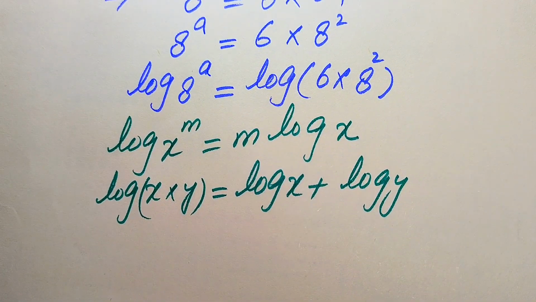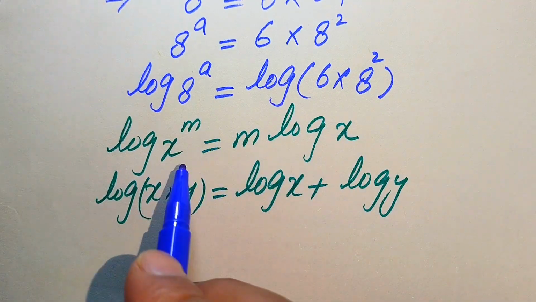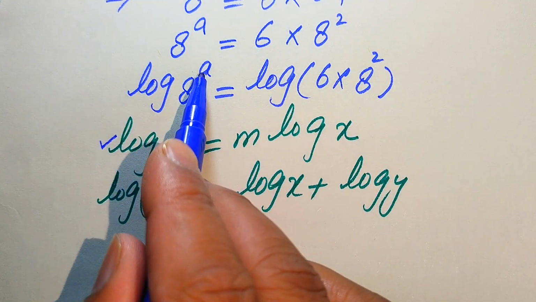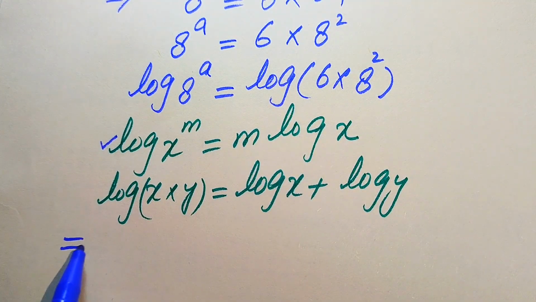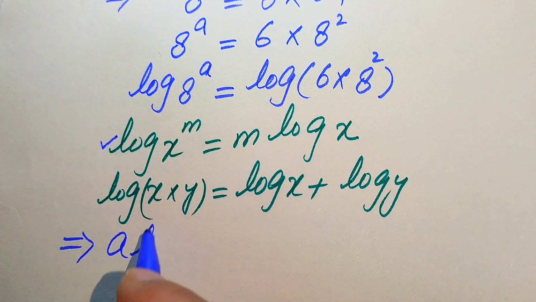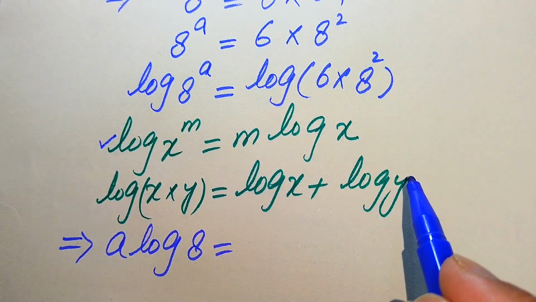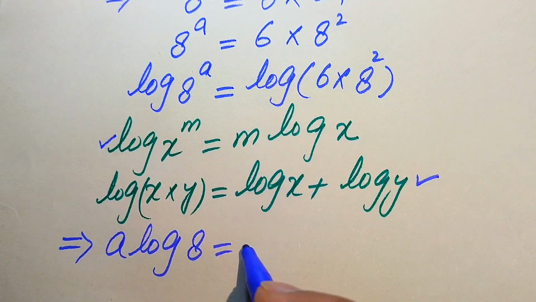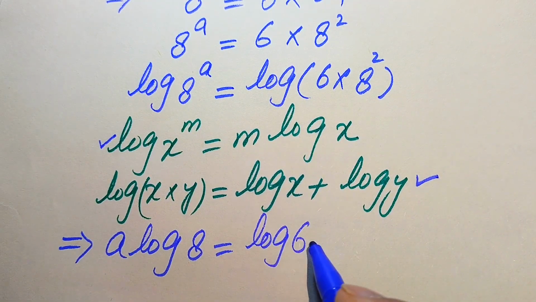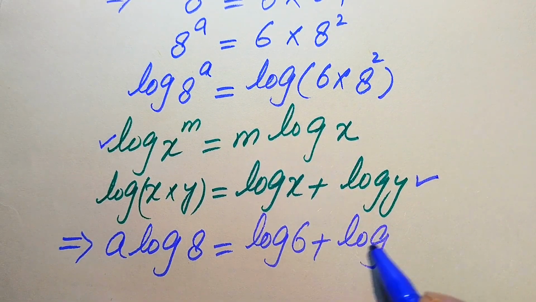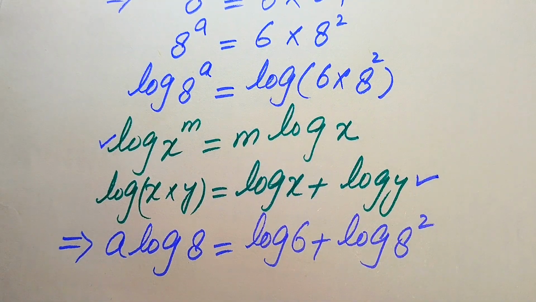First we apply both of these properties to the above equation. According to the first property, we move this exponent in front of the log, and it will be written as a times log 8 is equal to, in the right hand side we apply the second property, and this will be written as log of 6 plus log of 8 squared.